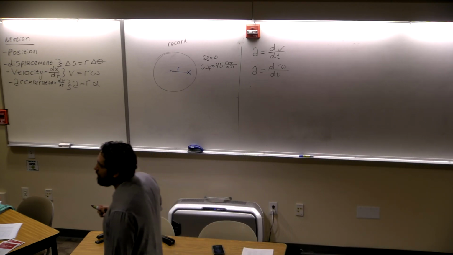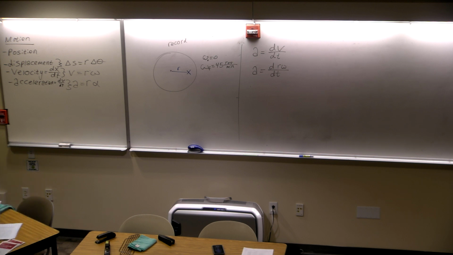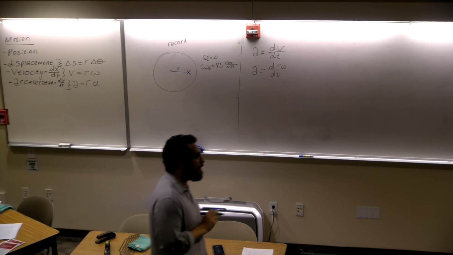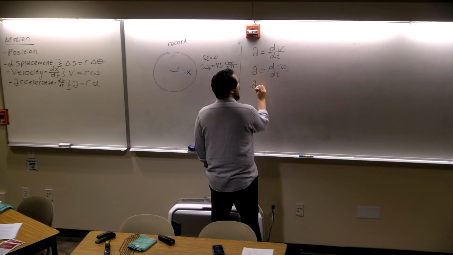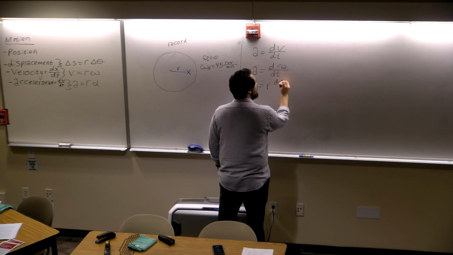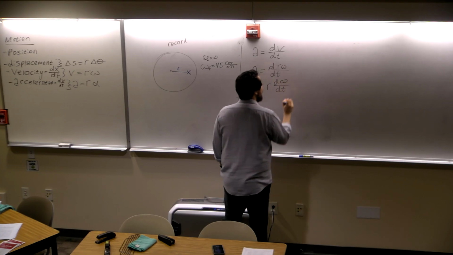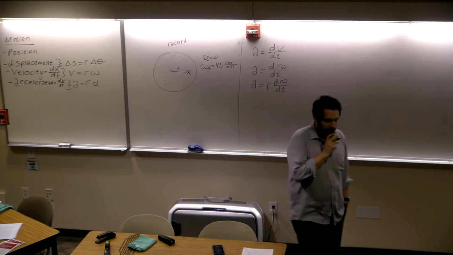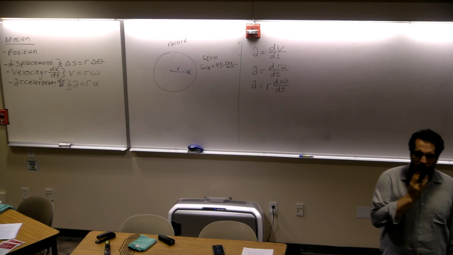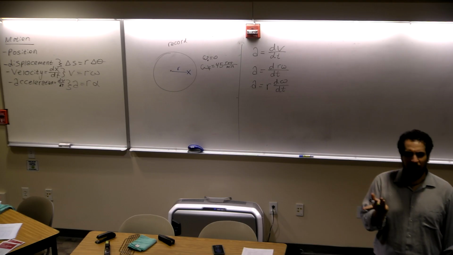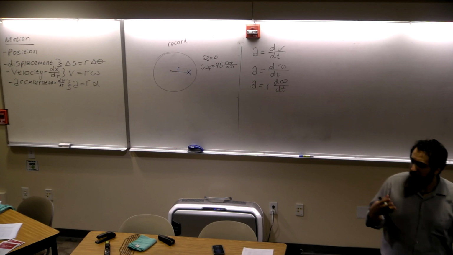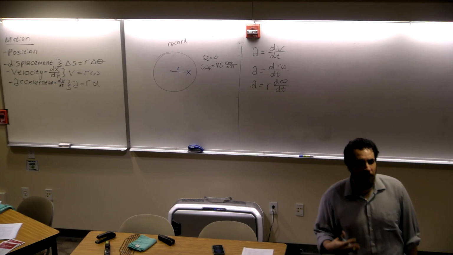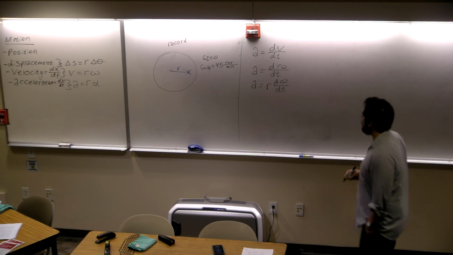It traces out a circle, and on a circle, the radial distance does not change. Anytime you have a derivative with a constant in it, you can pull that constant out. a is equal to r times d omega dt. Last time we saw that, in a definition we used to define our angular acceleration.